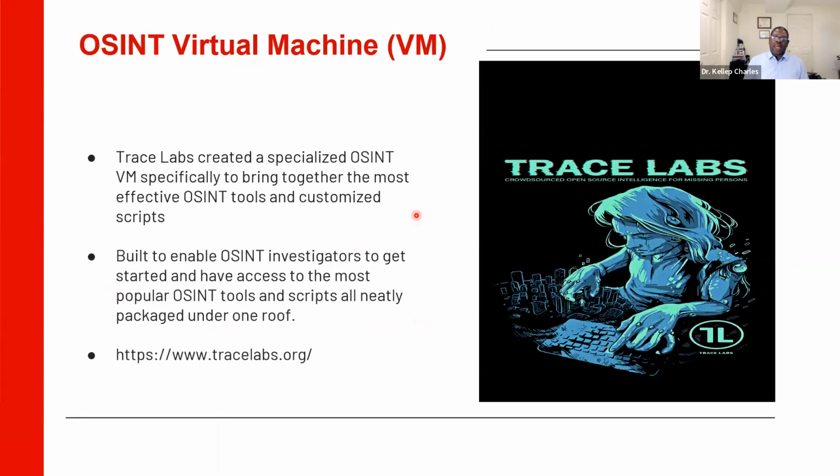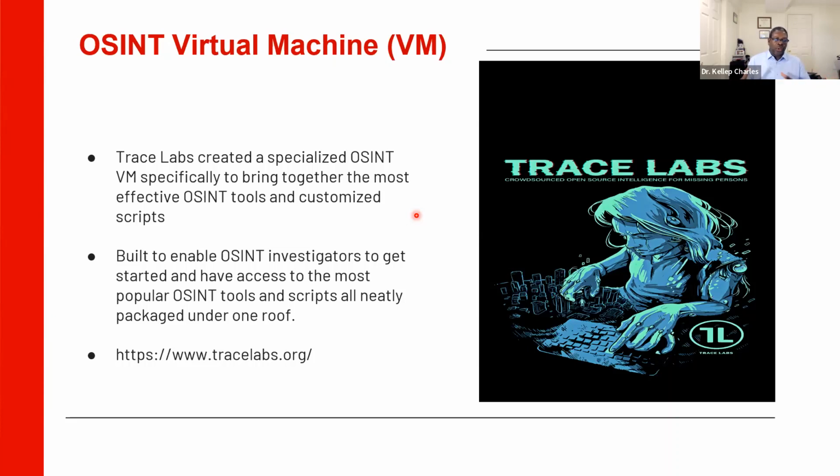Another key thing that I often recommend is downloading or having access to an OSINT virtual machine. A virtual machine basically is a software abstraction of an operating system and applications. So by downloading this OSINT virtual machine, basically the developer has created an operating system that has all the tools that you will need to conduct OSINT investigations.